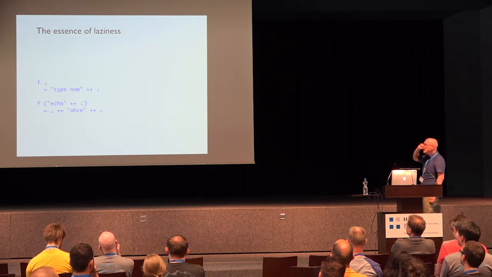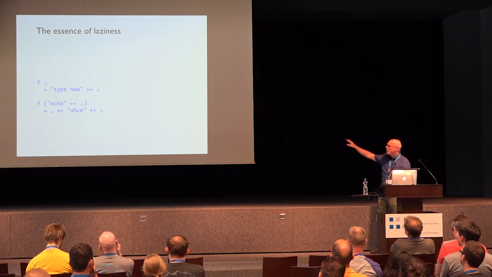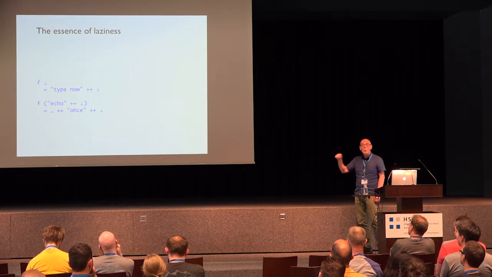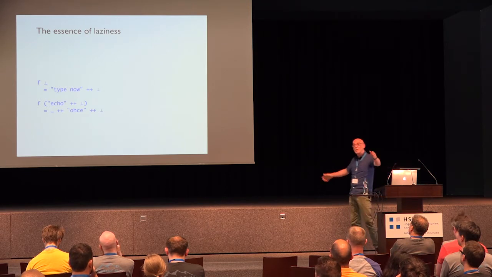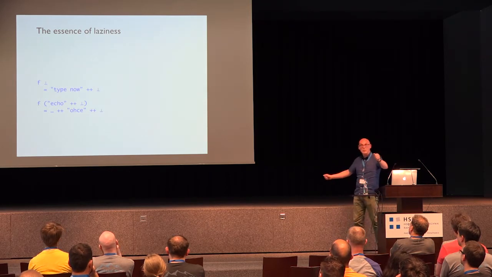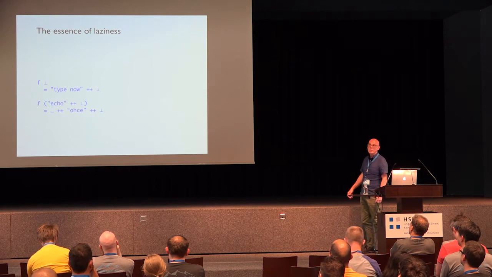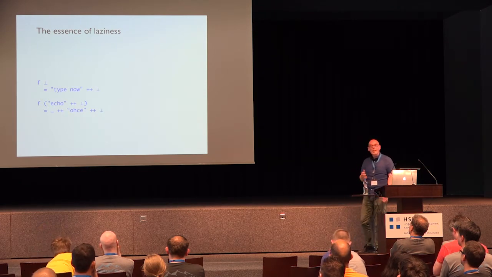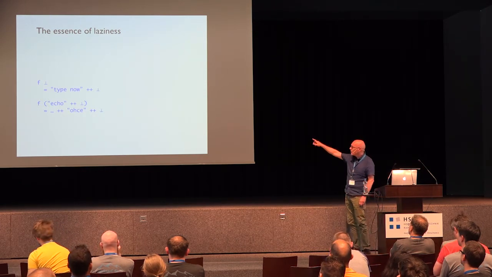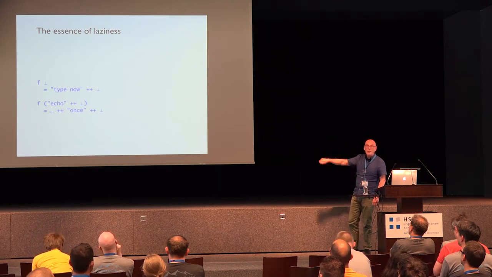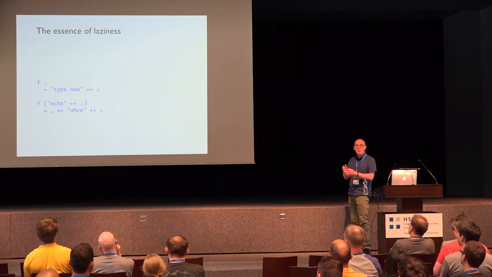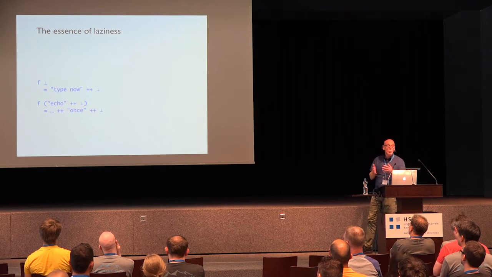Because to think about what our function is going to mean as an interactive program, we don't care what it does with the whole of the input, a total string, a properly terminated string. We care about what it does with things that are terminated by undefined, things terminated by we don't know what is going to happen here yet.